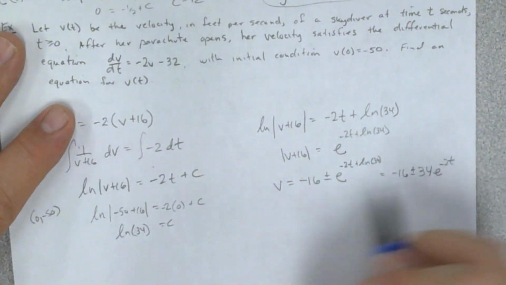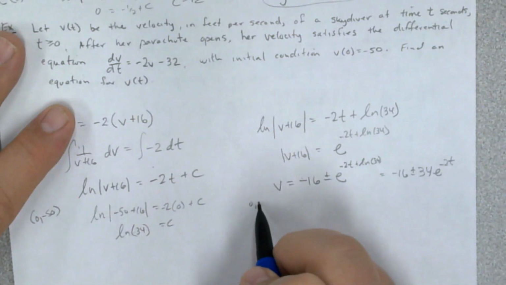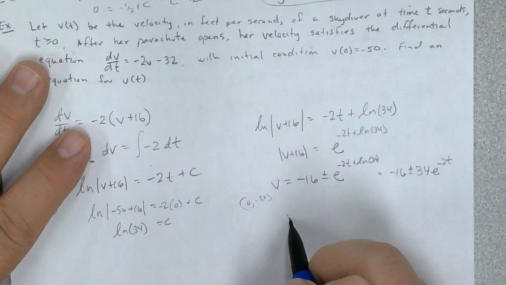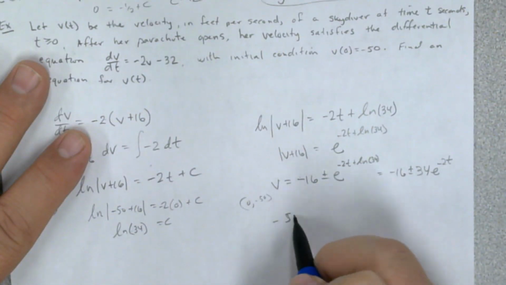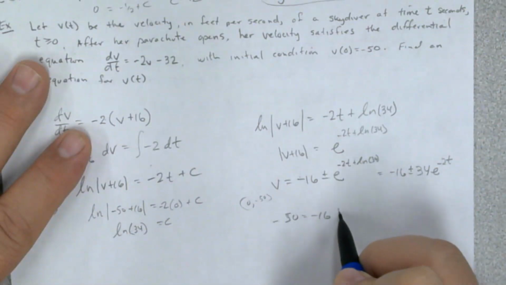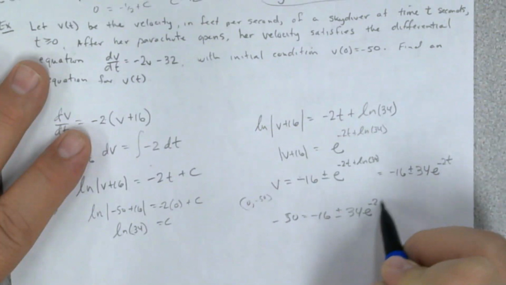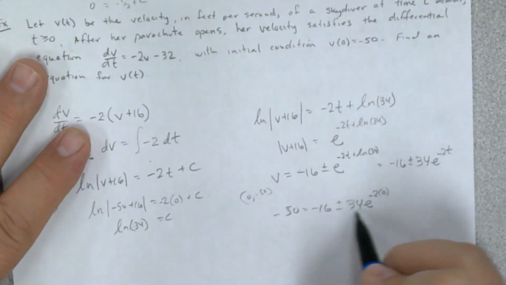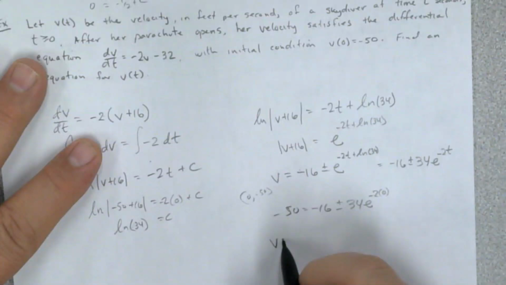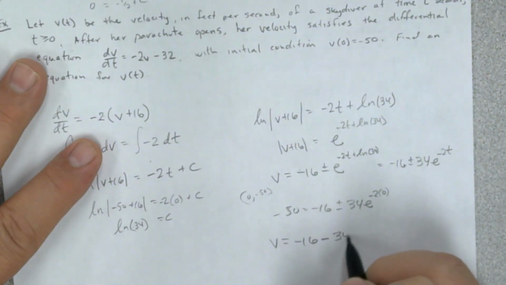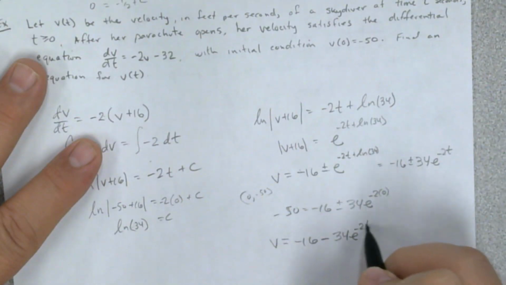And so which one do I need? At 0, negative 50, negative 16 plus or minus 34, e to the negative 2 times 0, and you can see that I'm going to need the negative, so v is equal to negative 16 minus 34 e to the negative 2t.